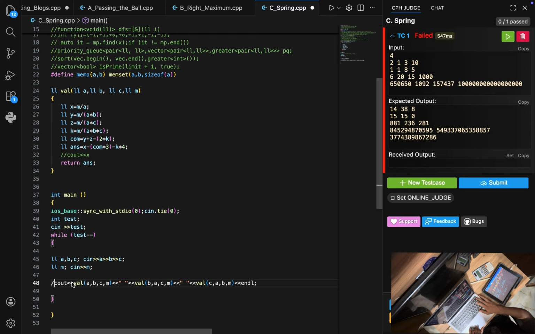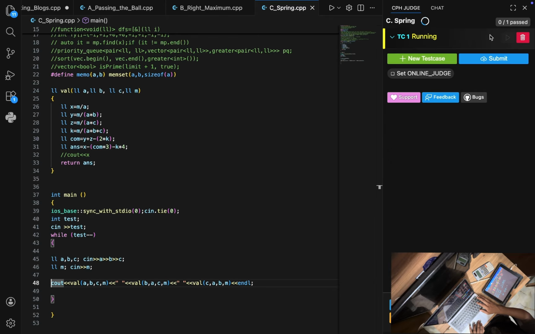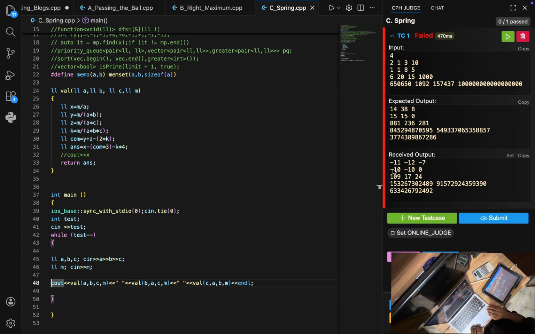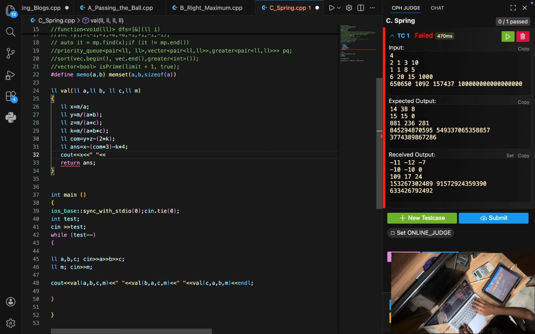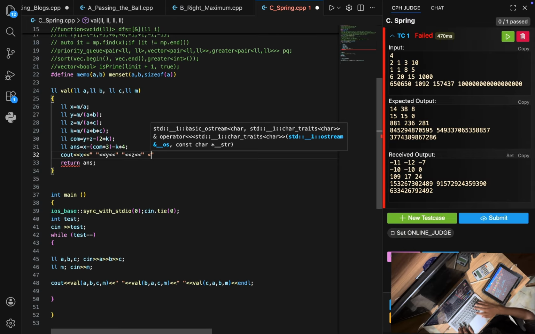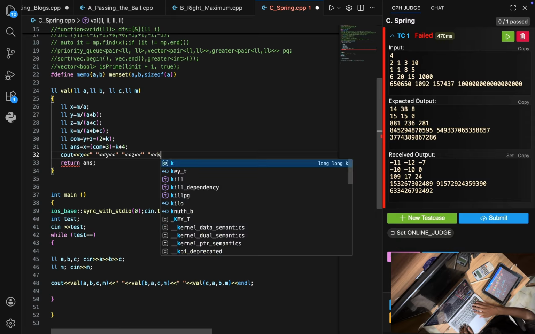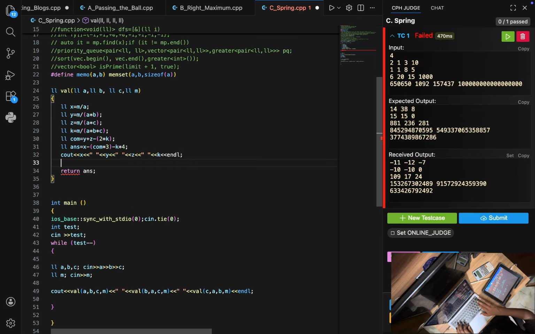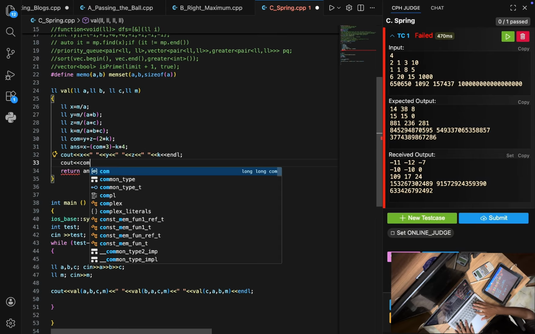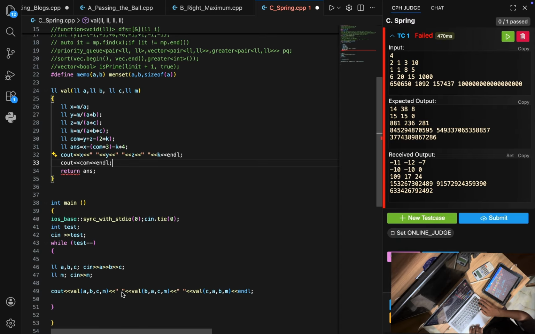Receive nothing. Let's see. Cout x, y, z, space, a and c, common.